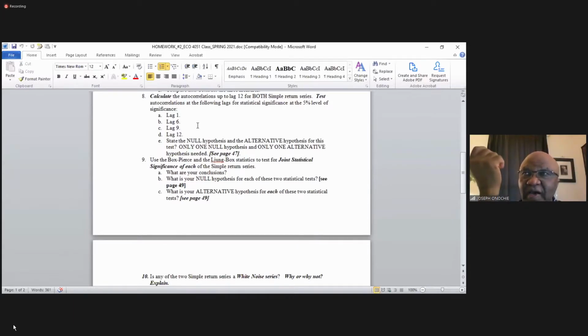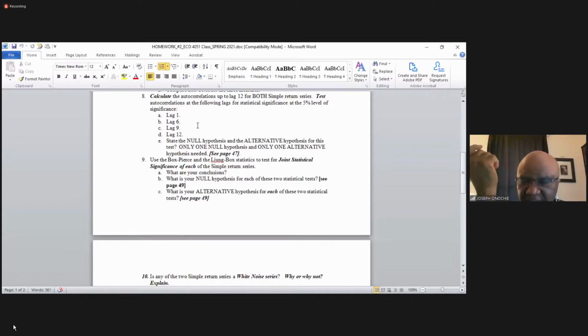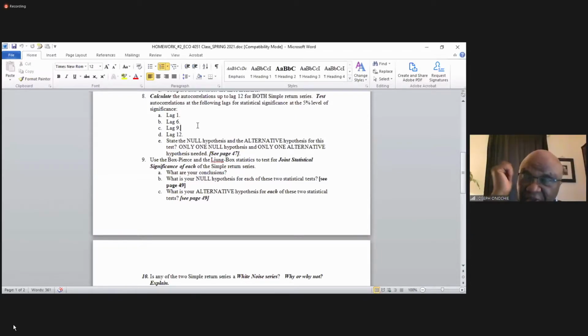Well, it's not impossible, only for some lags, not for the entire. Theoretically, yes. Okay, thank you. Because don't forget, the formulas are different. That's why I first did the formula with you in class, and the formula is in the book on page 49, but I worked an example with you in class. Remember that, right? So you should be able to answer these questions, okay?